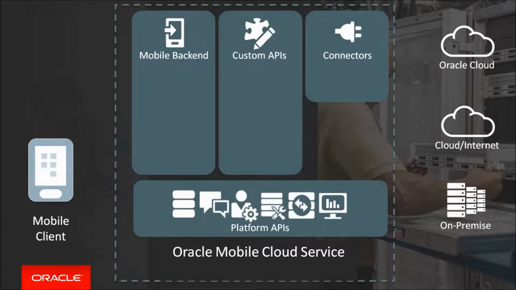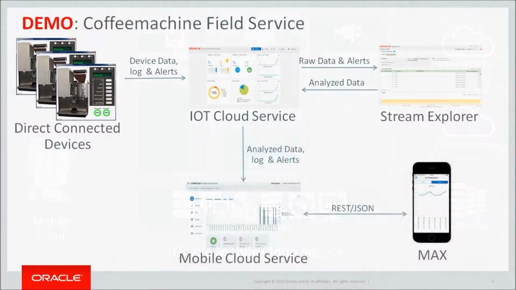Oracle Mobile Cloud Service delivers mobile services to mobile application developers for easy connectivity to, for example, Oracle Cloud instances, other internet related services, but also on-premise backend systems like ERP, CRM, etc.